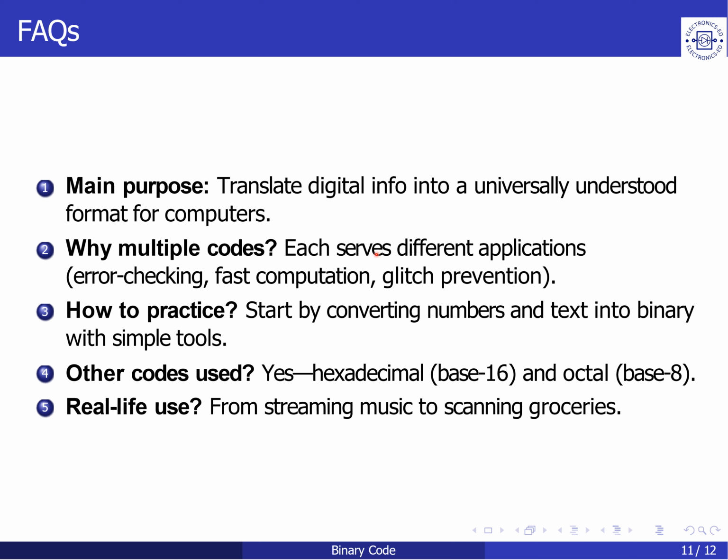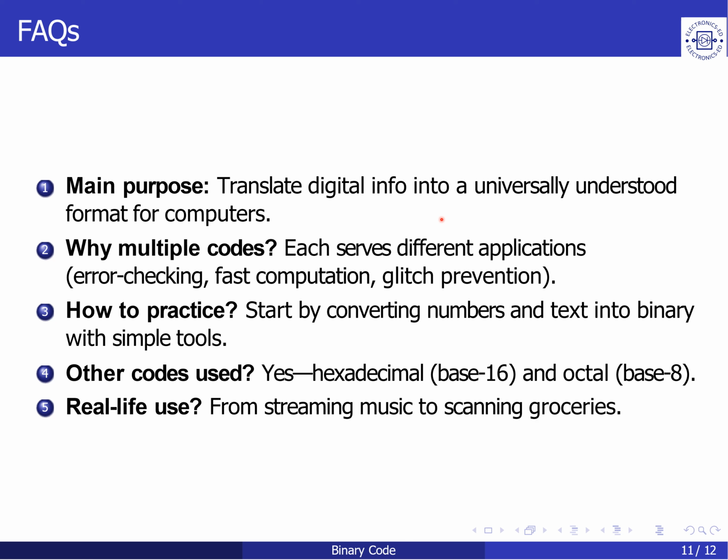Here are some frequently asked questions about binary. What's the main purpose? Binary translates digital information into a universal format that computers understand. Why are there multiple binary codes? Each is optimized for different tasks, some for error checking, some for faster computation, and some to prevent glitches.